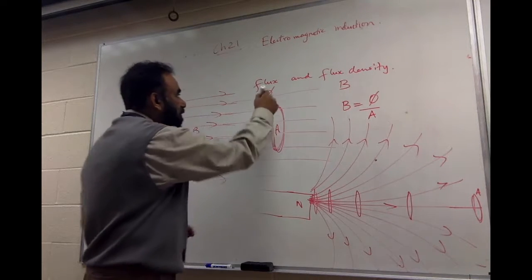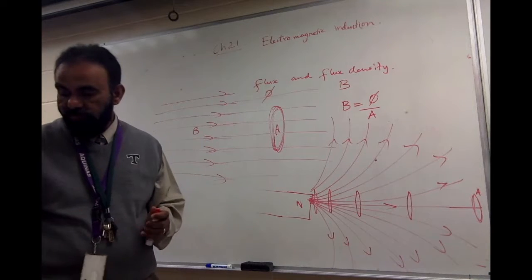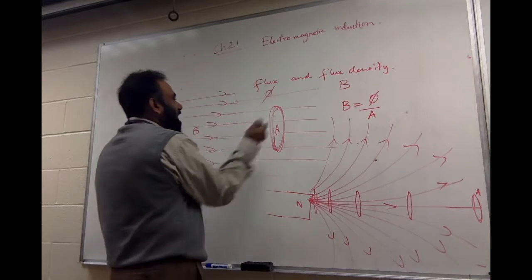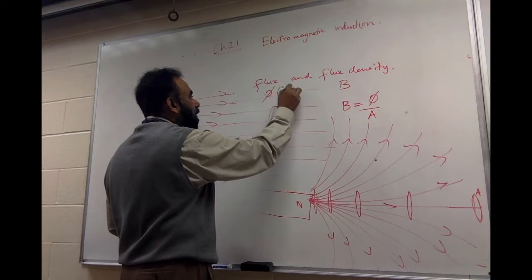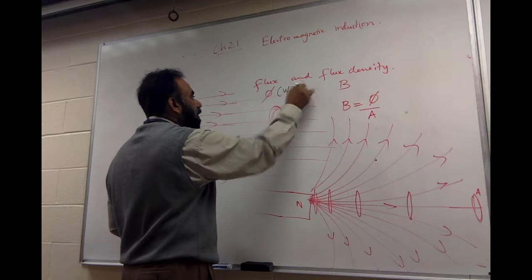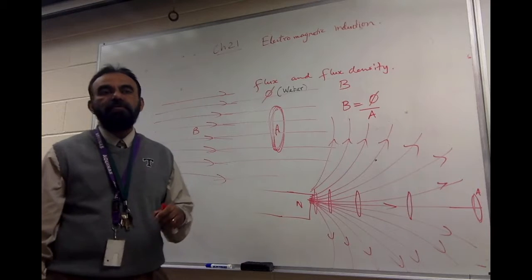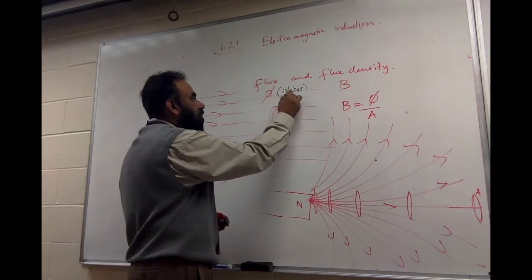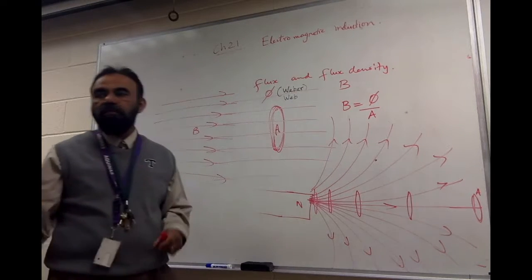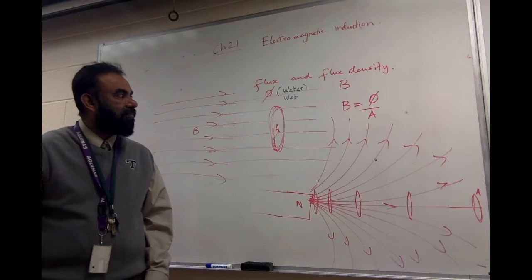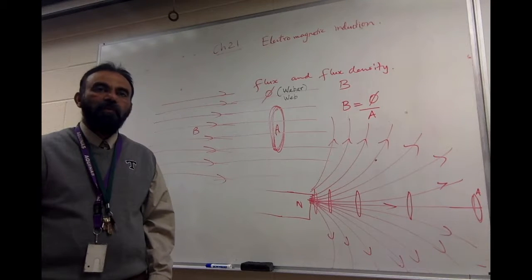Now, the unit of flux is Weber, and in short, we just write Wb. The unit of flux is taken as Weber.